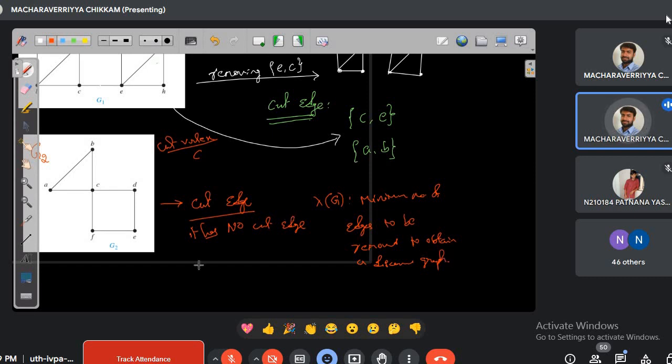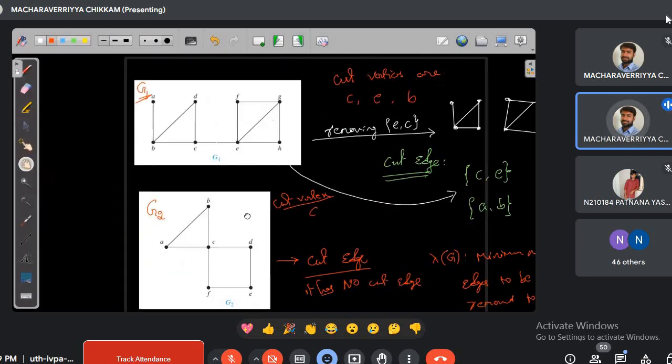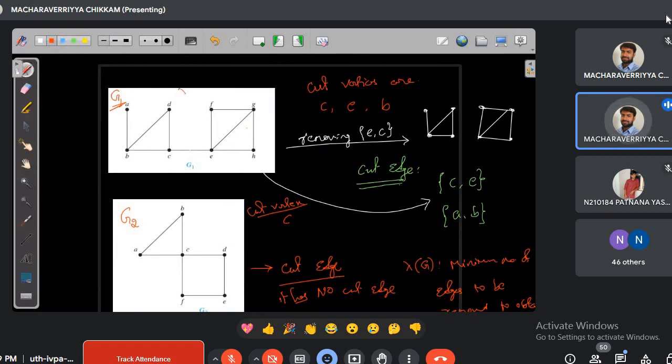So that is what lambda G is. So lambda G for this graph is 1, whereas lambda G for this graph is 2.